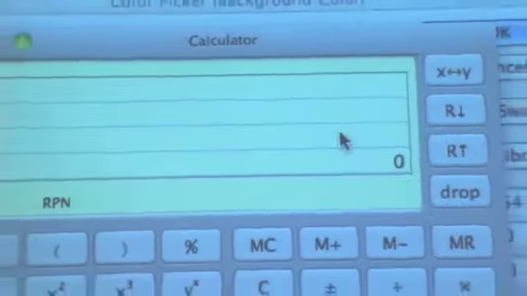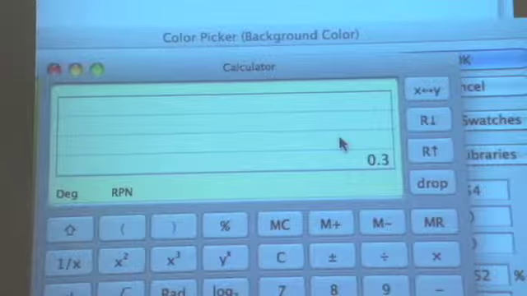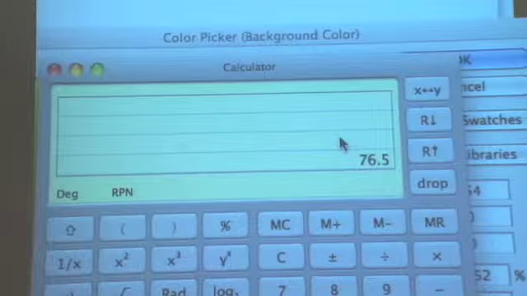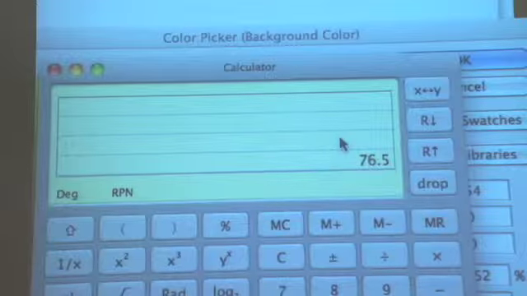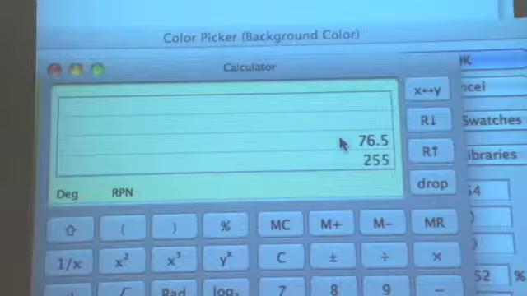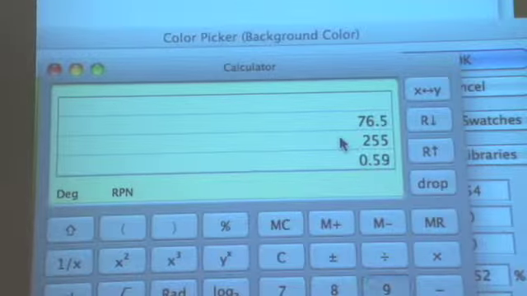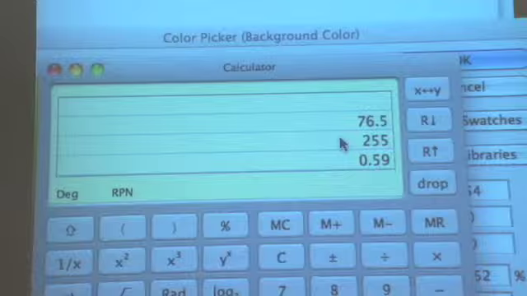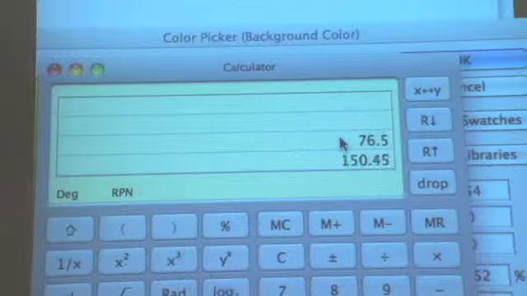So let's say we have 0.3 times 255. That's about 77. Then I have 255 times about 0.59, or about 0.6. That's 150.45.